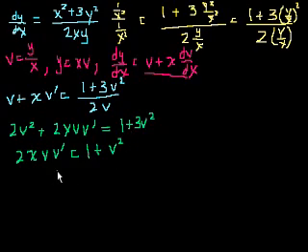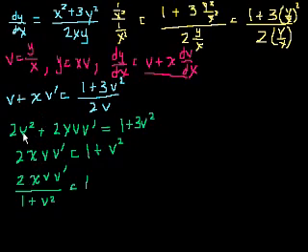And we want it to be separable, so let's put all the v's on the left-hand side. So we get 2xv v prime divided by 1 plus v squared is equal to 1. And let's divide both sides by x, so we get the x's on the other side. So then we get 2v, and now I'll switch back to the other notation.